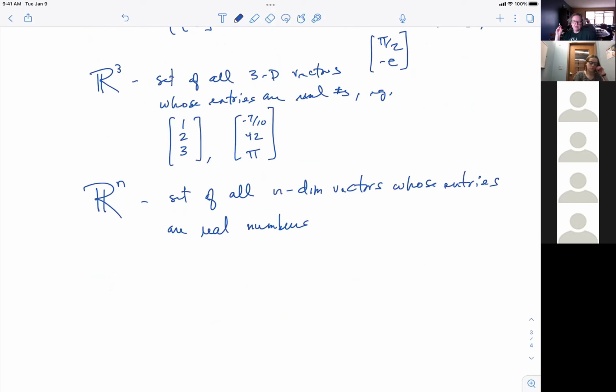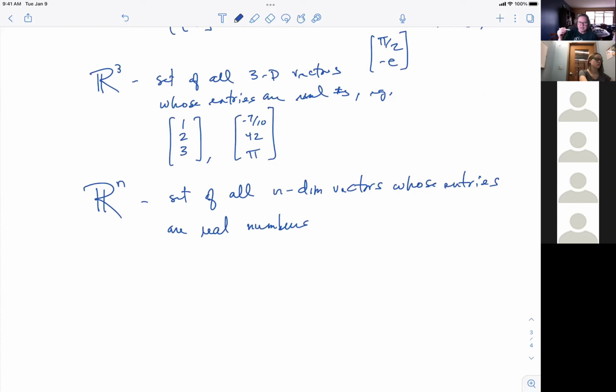It's probably a good place for me to point out that particularly with chapter 1, the biggest obstacle to students being successful with the material is getting used to the vocabulary and the notation.